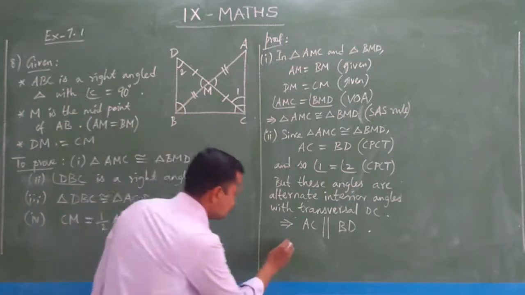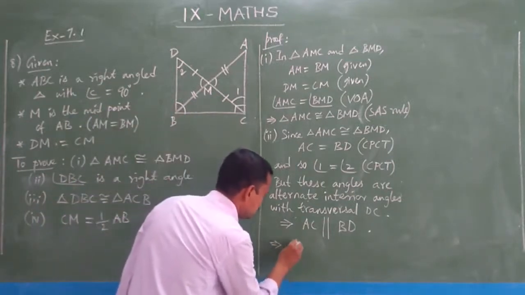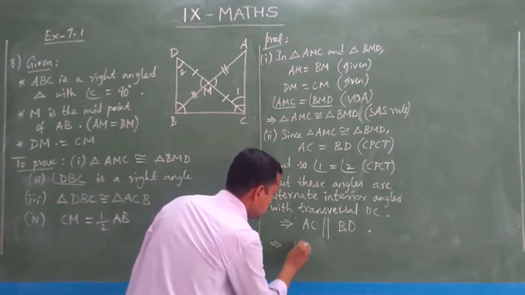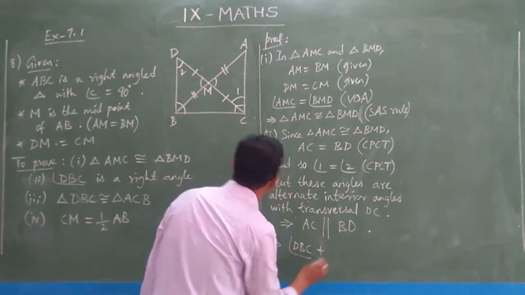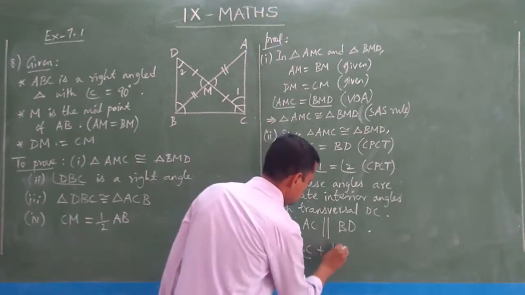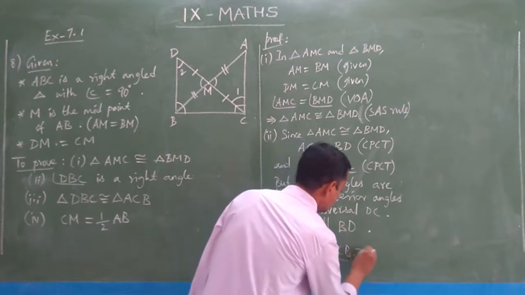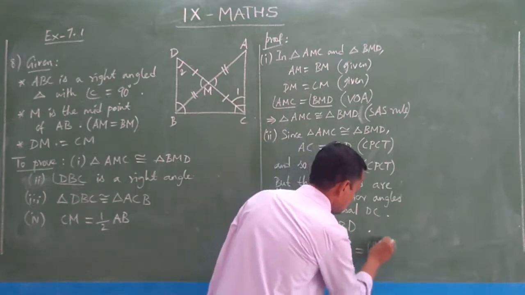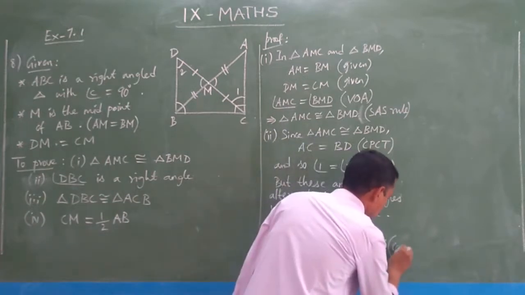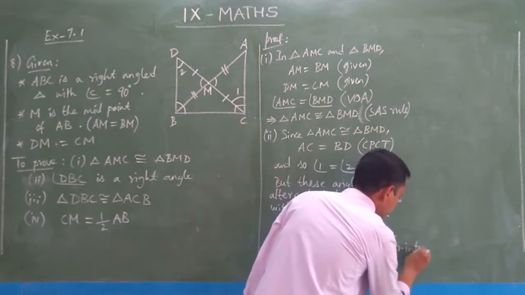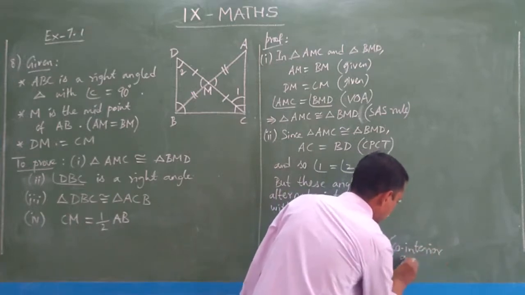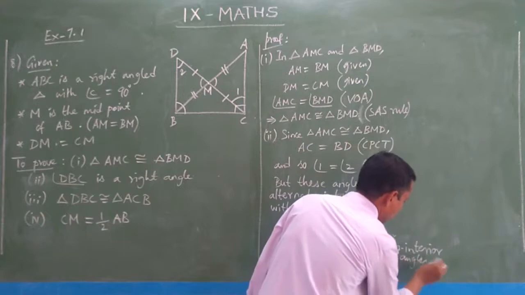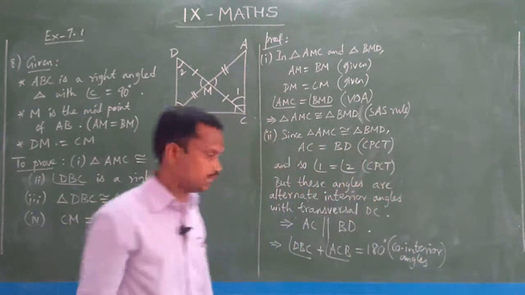So if these two are parallel, then this implies angle DBC plus angle SCB is equal to 180. The reason: co-interior angles. I think you remembered everything.